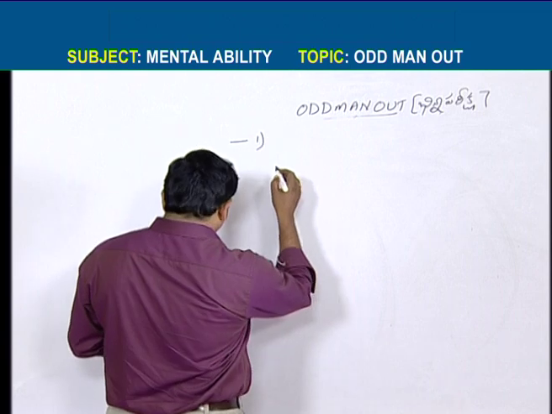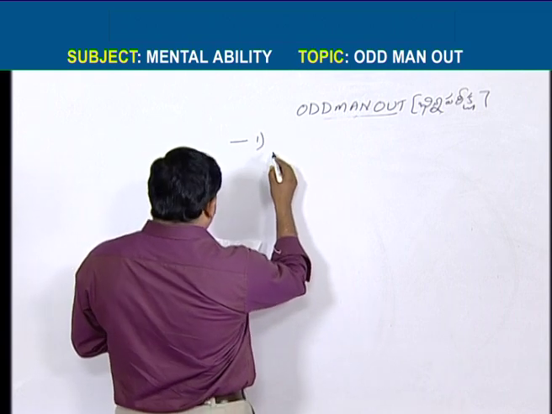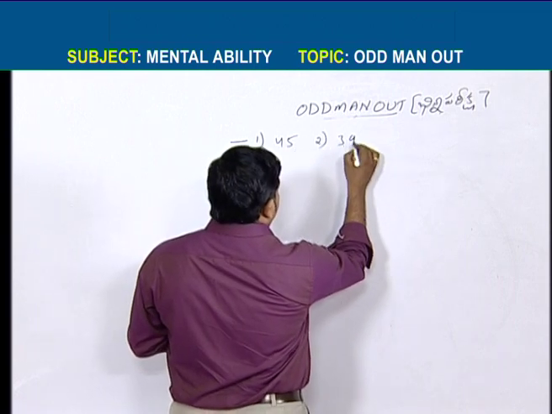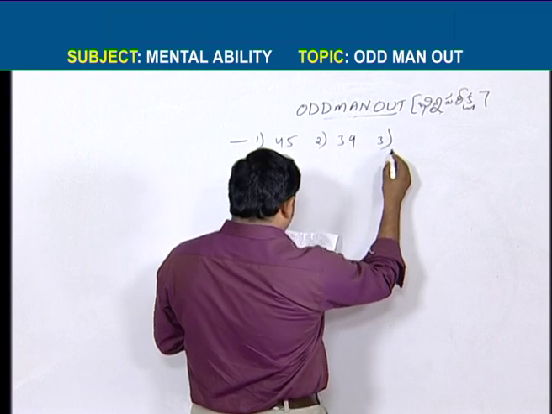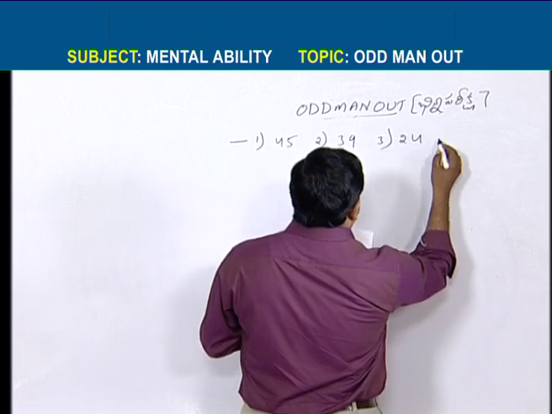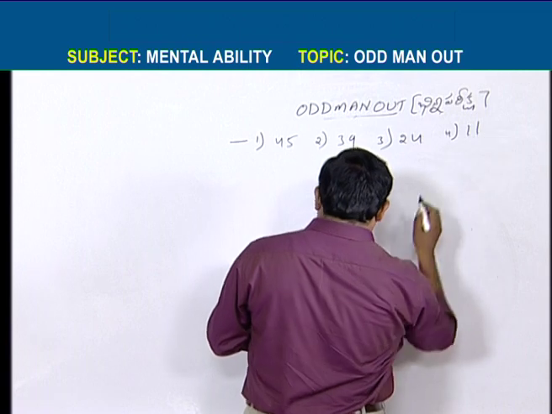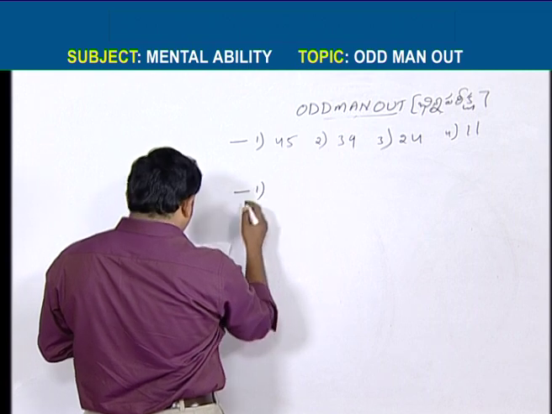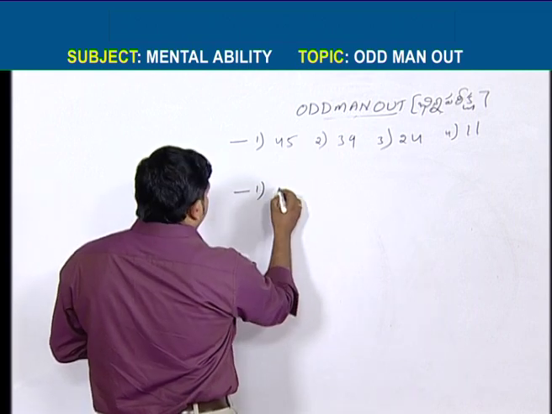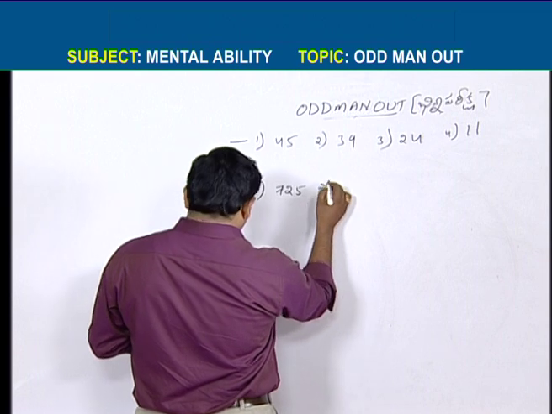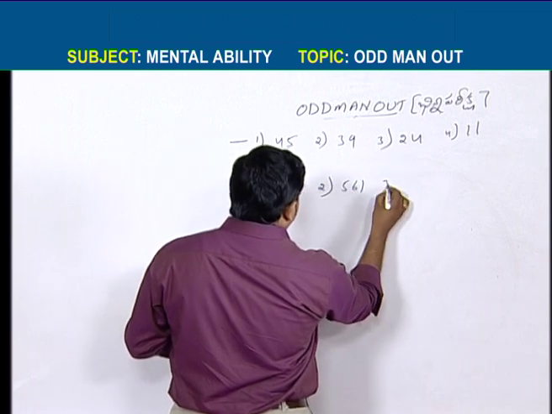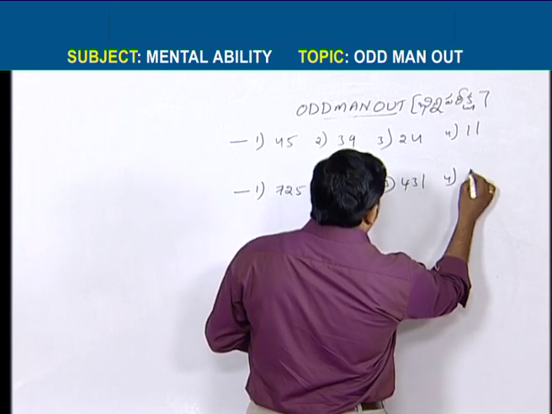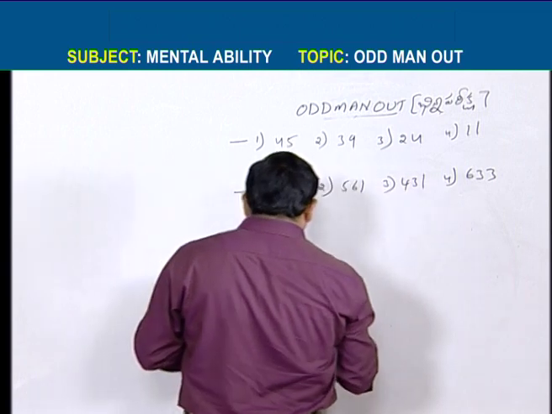The next question is as follows. First option is 45, second option is 39, third option is 24, whereas fourth option is 11. In the second question, first option is 725, second option is 561, third option is 431, fourth option is 633.